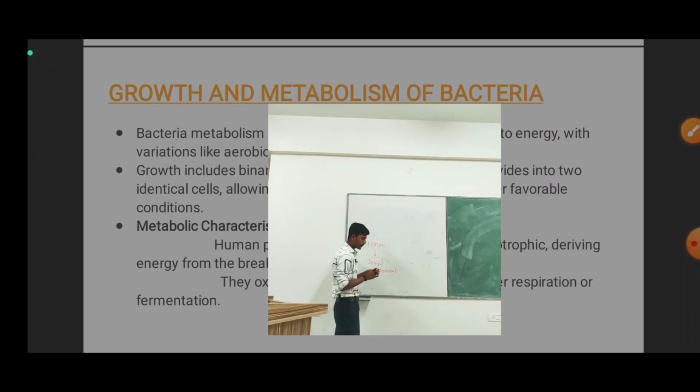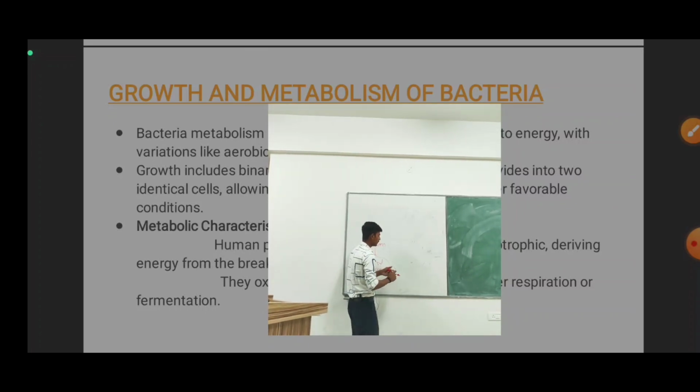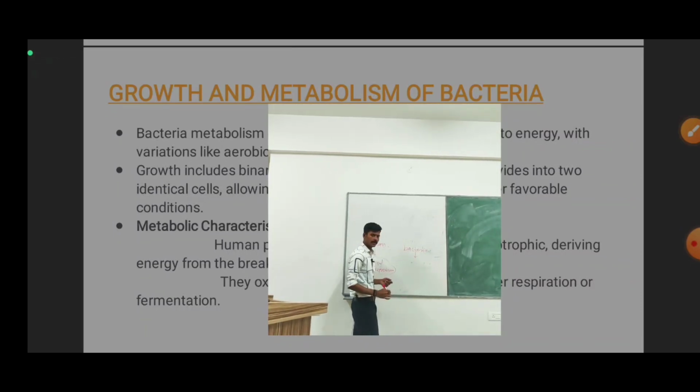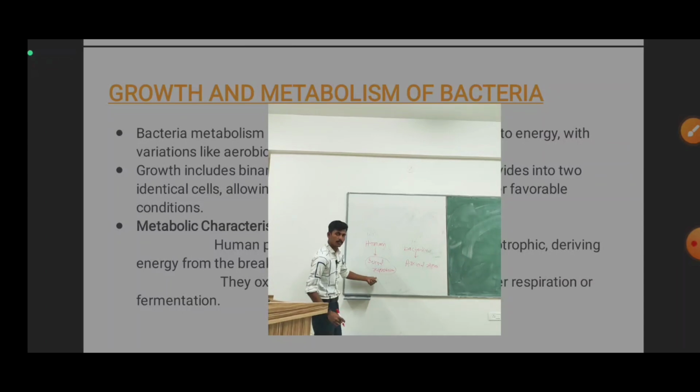Whereas the prokaryotic organism, or we take the example now, the bacteria, during normal favorable conditions, they undergo asexual reproduction. Sexual reproduction shows the variation.